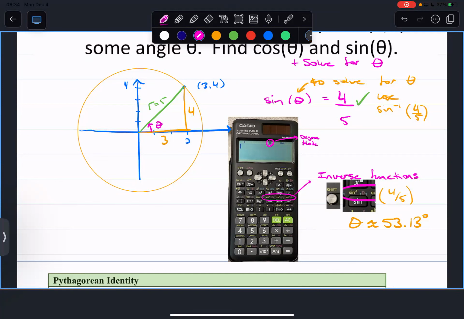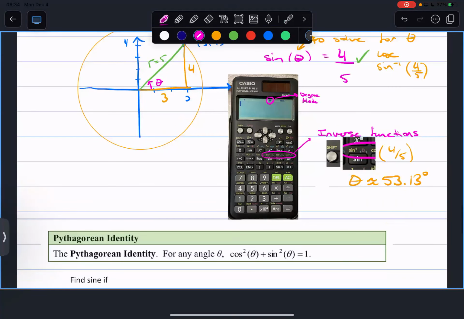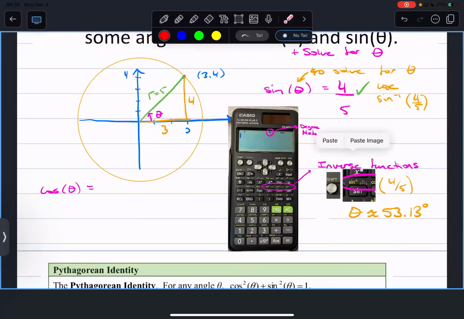Let's find cos theta, right? So we worked on sine theta. Let's work on cos theta. And we can do the same thing just to make sure that we get the same angle, because it should be, right? And so now if we work on cos theta, it is the adjacent over the hypotenuse, so 3/5.